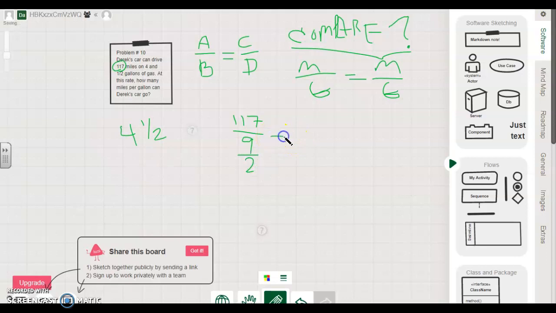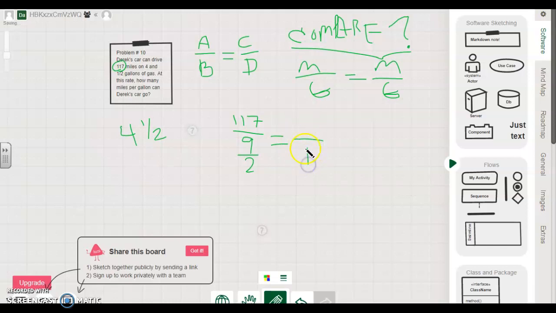And I'm going to set that equal to whatever C and D is. So that's what's going to be on this other side over here. C over D is miles over gallons. We had 117 miles, and he had 4.5 gallons of gas. When we find the final answer, it'll give us how many miles in 1 gallon.